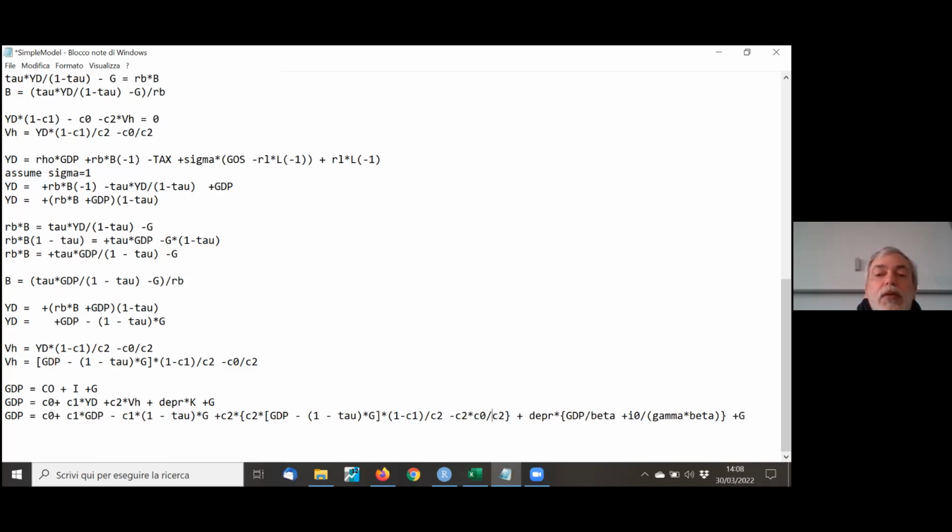And we simplify this. And here we have this DPR. I think also there we can simplify the C2, because it's a multiplication, right? So it's C2 multiplying the square brackets, multiplying 1 minus C1, so we can get rid of the C2.